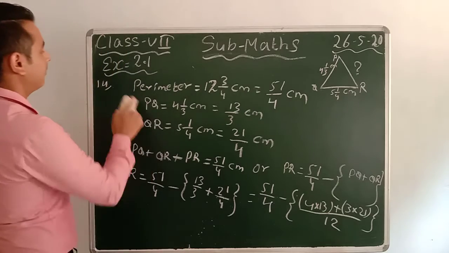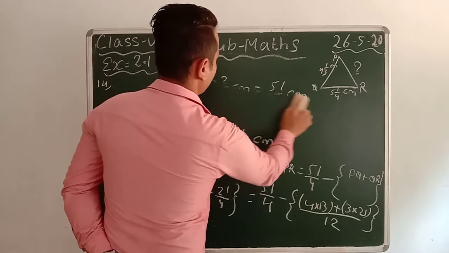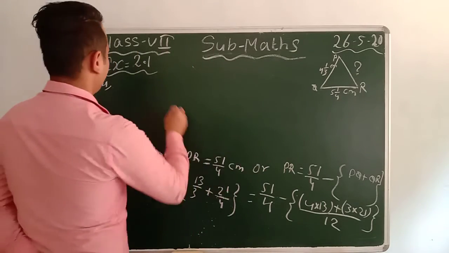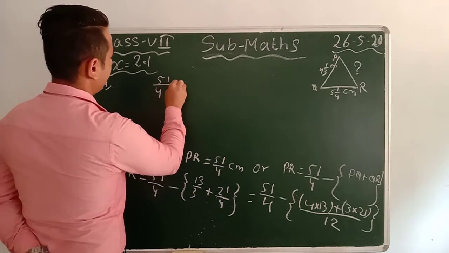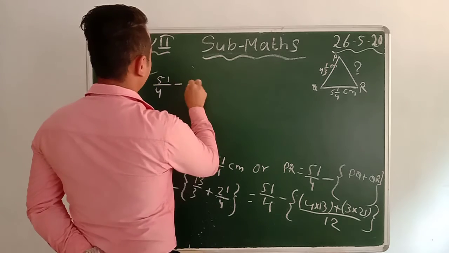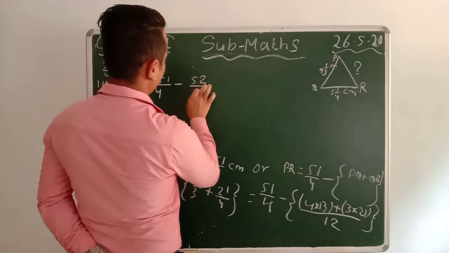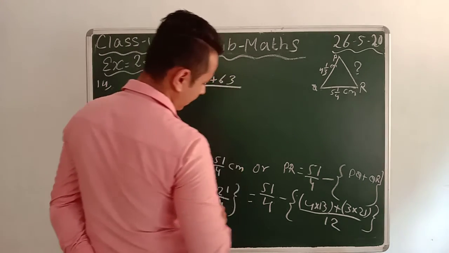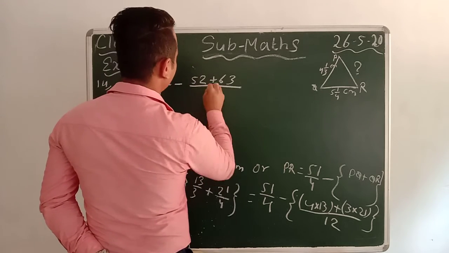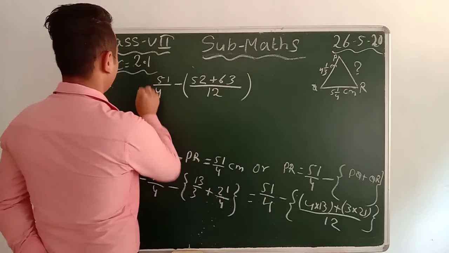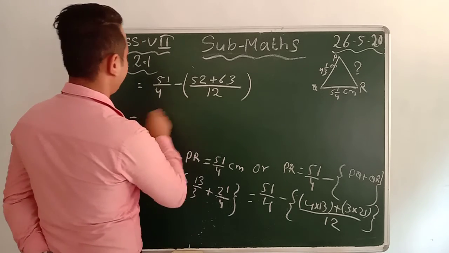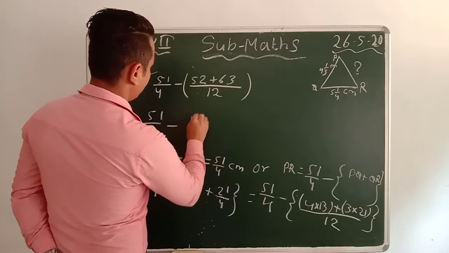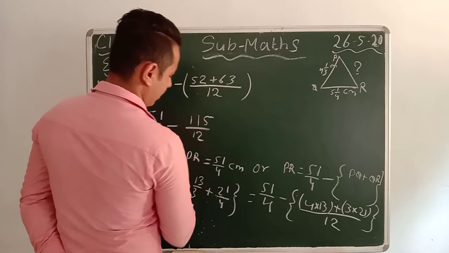Now 4 into 13 is 52, 52 plus 63 by 12. Let me do this: 52 plus 63 will give you 115 by 12.